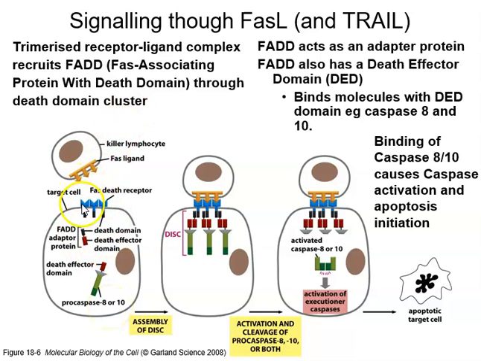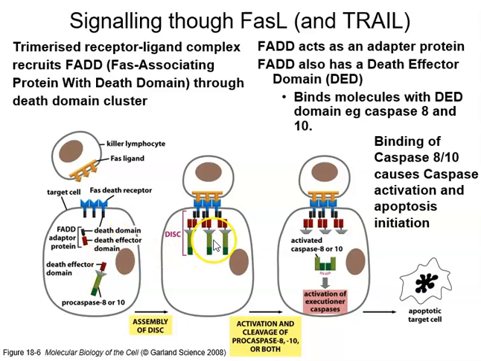It expresses Fas death receptors on its cell surface. The T lymphocyte binds the receptor, that trimerizes the receptor. Once trimerized, that brings in FADD, the Fas associated death domain protein. That will bind into the death domains. The other end is a death effector domain, and that death effector domain will bind to a death effector domain on procaspase 8.